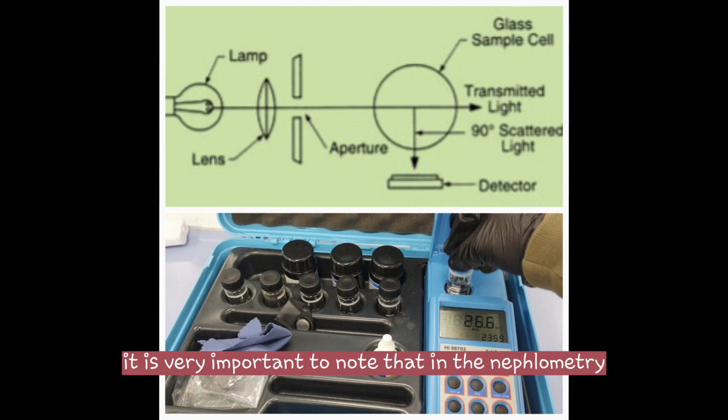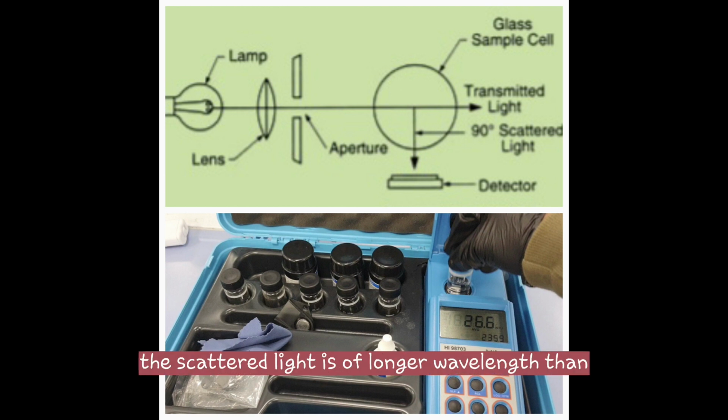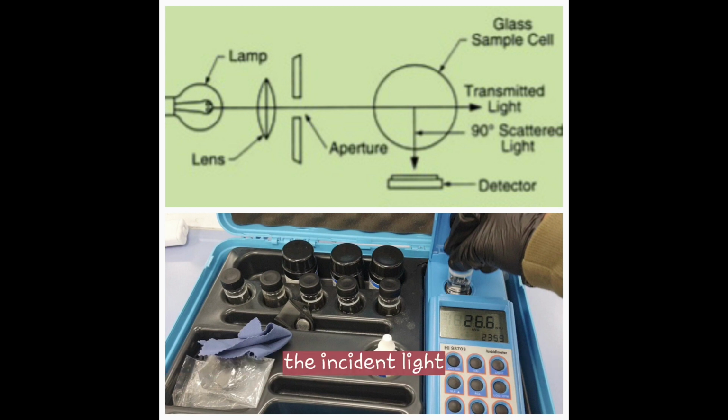It is important to note that in nephelometry, incident and scattered light are of the same wavelength, whereas in a fluorometer, the scattered light is of longer wavelength than the incident light. The light detector is placed at a 90° angle to the light source and detects the amount of light that is reflected back at it.